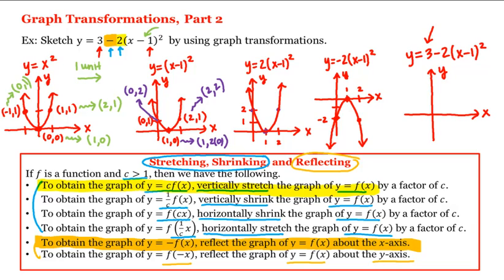So the point 1, 0 is going to move to 1, 3. 1, 2, 3. Because we need to add 3 to every y coordinate. And the point 0, -2 is going to move to 0, 1. And the point 2, -2 is going to move to 2, 1. That's here. So the graph we're looking for is this.